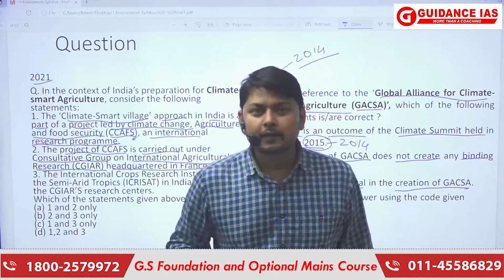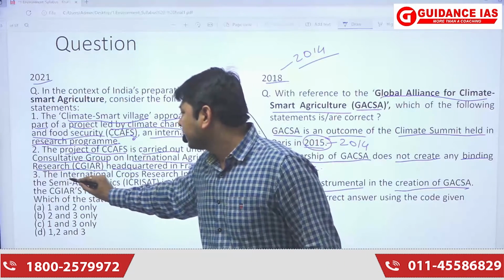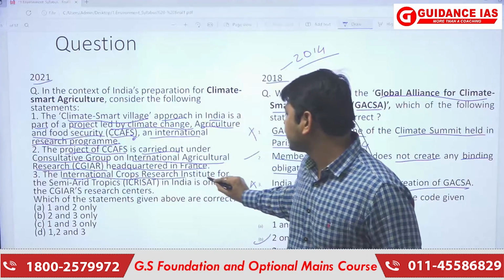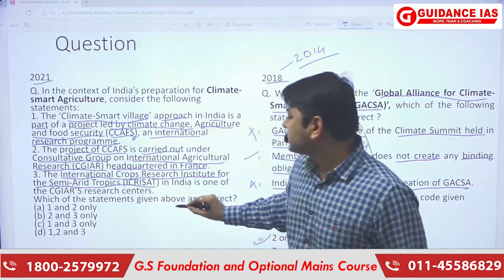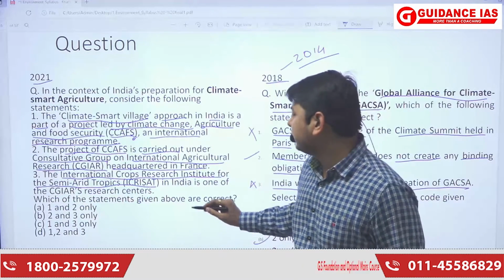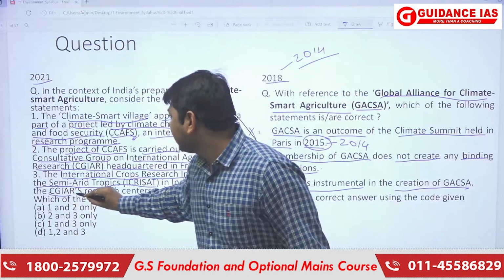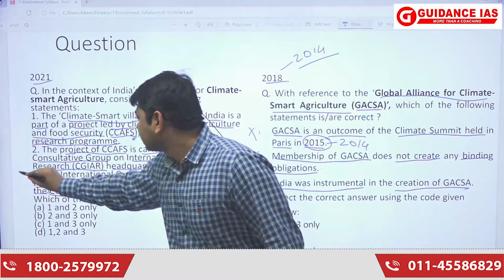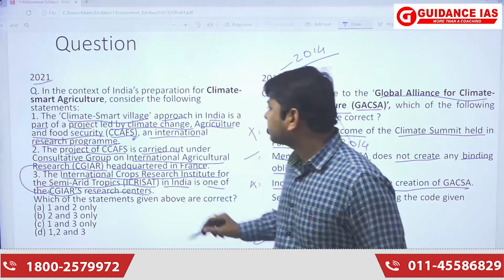Third statement: the International Crops Research Institute for the Semi-Arid Tropics, ICRISAT, in India is one of the CGIAR's research centers.